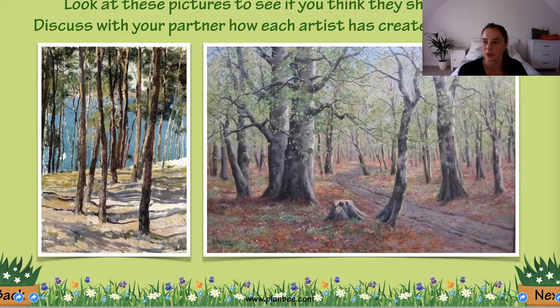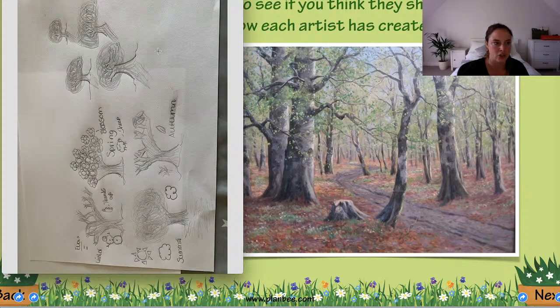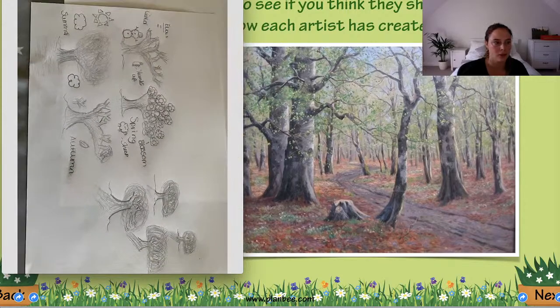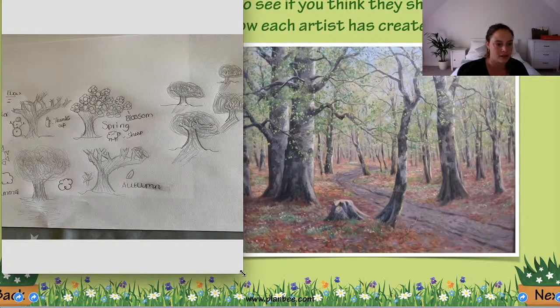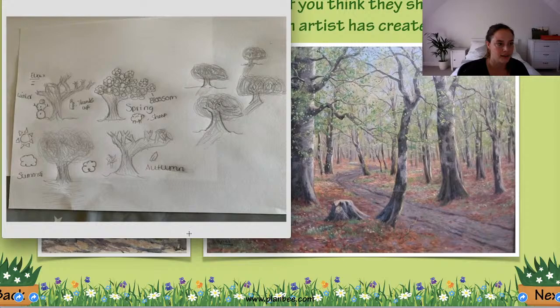Okay, we've also got one from Eva. Oh, wow. Eva's been doing some beautiful shading, and she's thought about the seasons and how trees change during the seasons. What a fantastic piece of learning. Look at that.